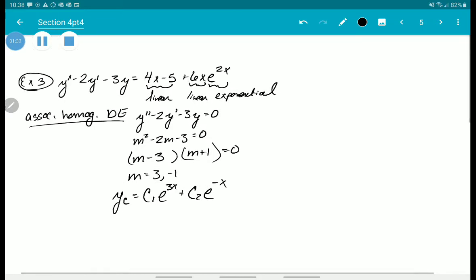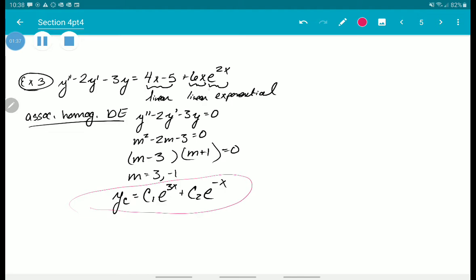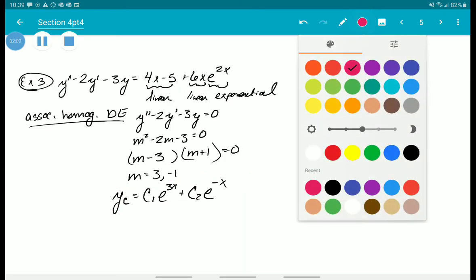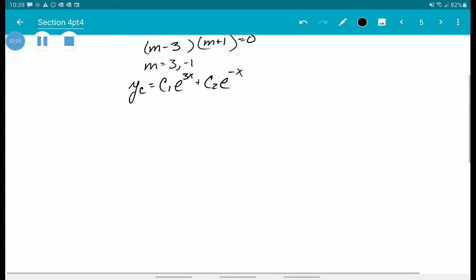Now I do want you to notice there is not a repeat here. And remember, we use this piece to figure out that educated guess for our setup to solve for that particular solution. So let's make that educated guess.